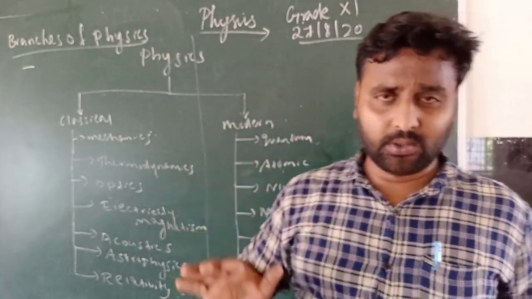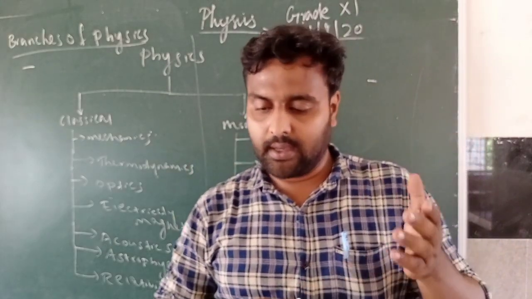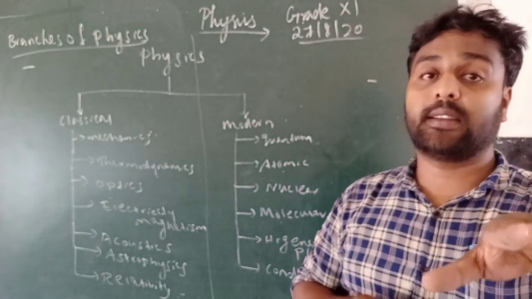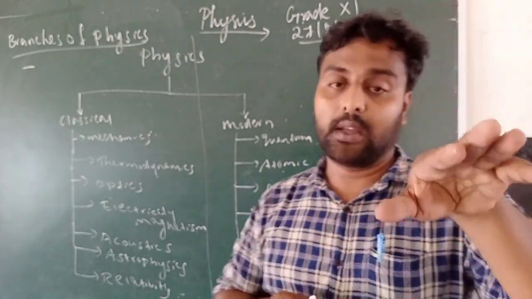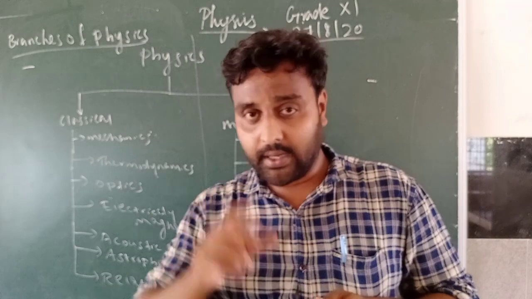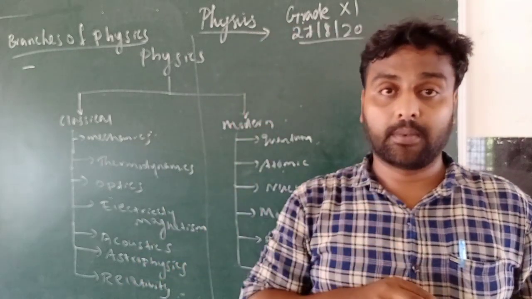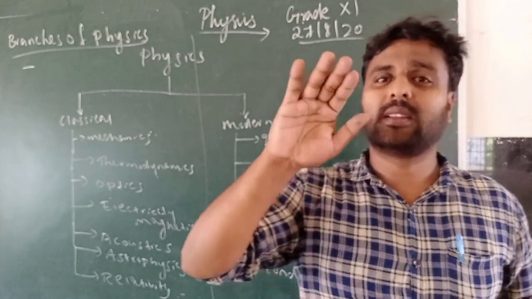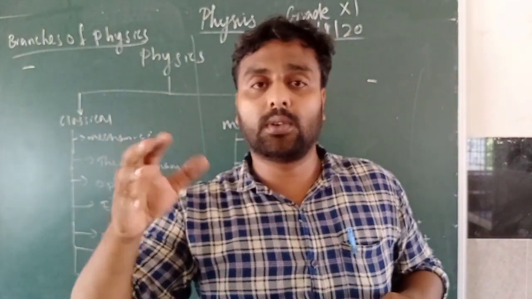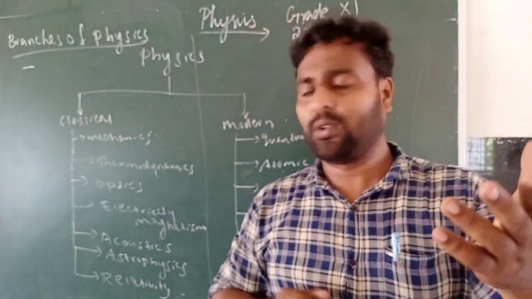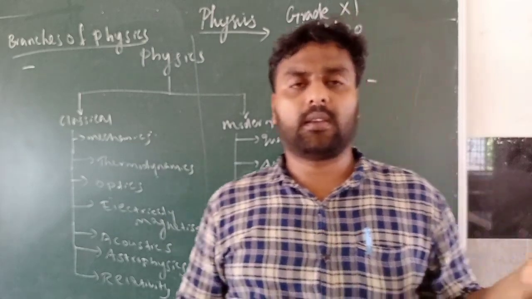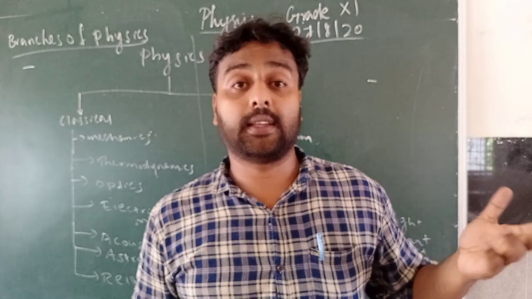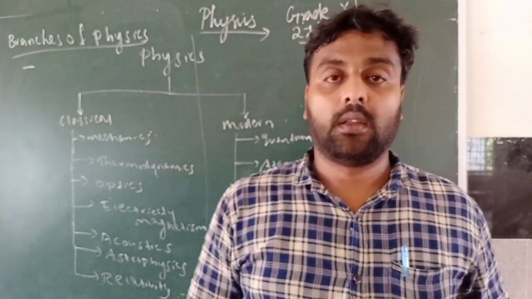Nuclear physics is also similar, but here we will study the reactions of the nuclei of atoms. In an atom, nuclei are there, so their reactions also happen. A reaction means, in nuclear physics, I will tell about fission reaction and fusion reaction.